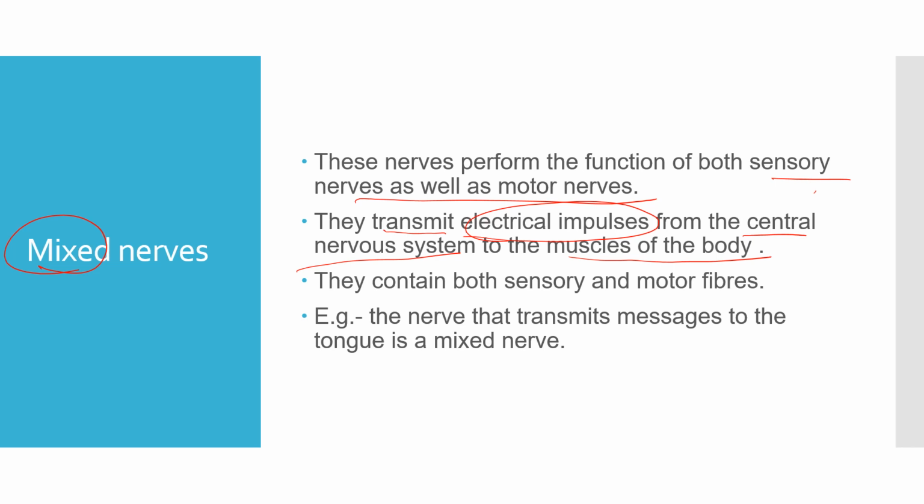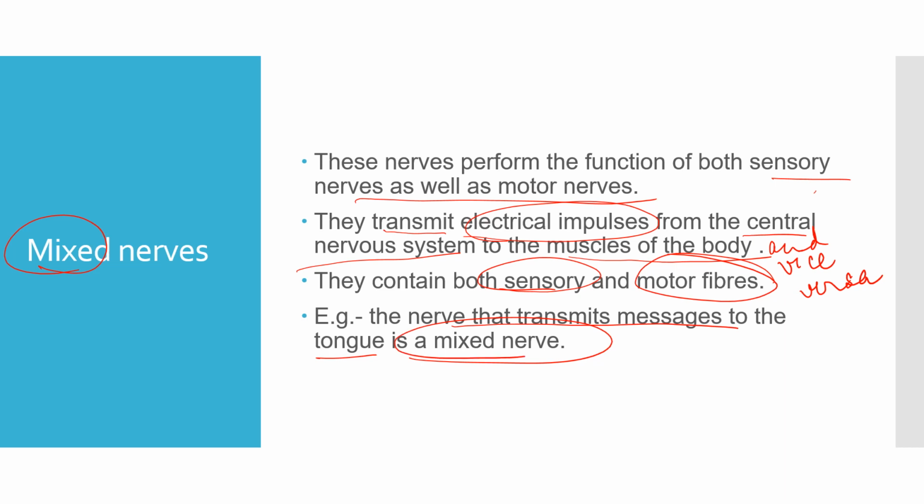So they have both types of function and contain both sensory and motor fibers. The nerve that transmits messages to the tongue is a mixed nerve. This is an example of a mixed nerve.